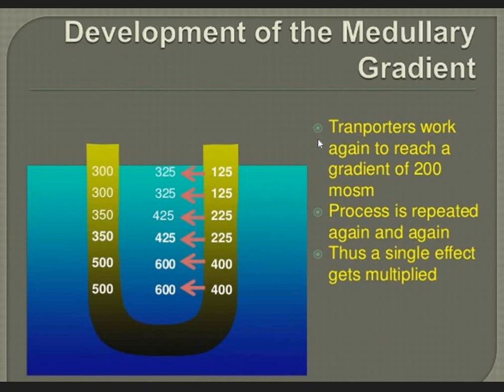So that is the countercurrent multiplication taking place, starting from the single effect in the thick ascending segment of the loop of Henle and going on multiplying with the entry of new fluid in the descending limb, pushing the other existing fluids down, which are pushed into the ascending limb as well. Continuous movement of this pump sets up a gradient, as you can see here in the medullary interstitium.